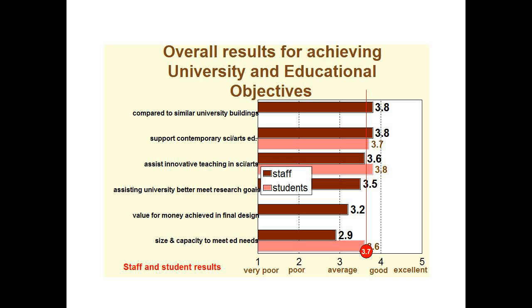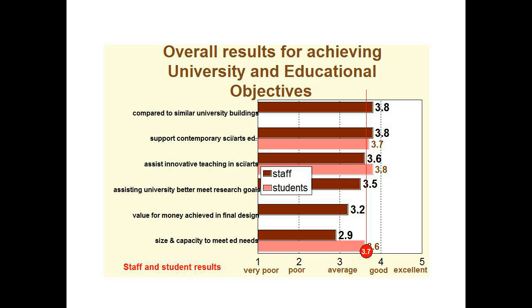Now, if we move on and consider achieving the overall university objectives and educational objectives, we can see how staff and students, in the different bar colours there, what each of them think. Whether it's assisting innovative teaching and science, there are some differences there.